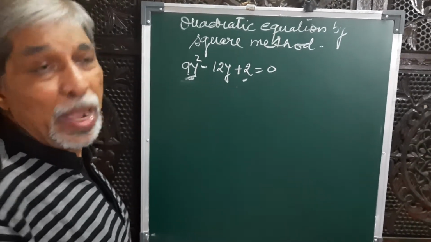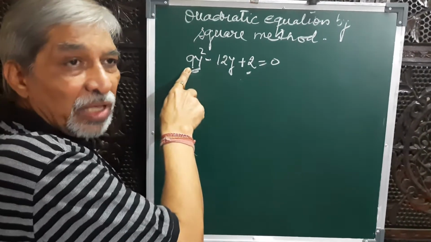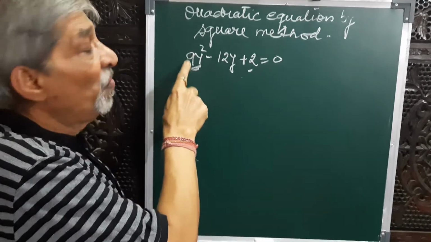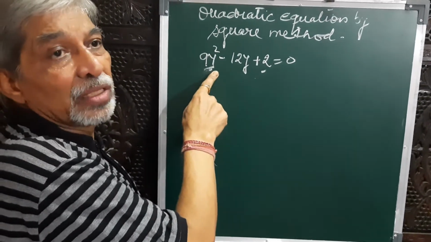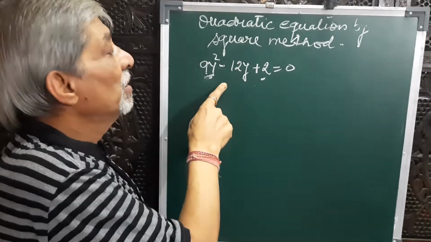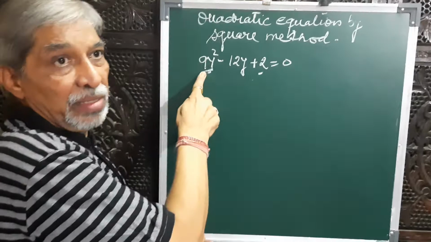That term we have to add. If the coefficient of the first term is other than 1, we have to transform this into 1. For that, we will divide this full equation by 9.